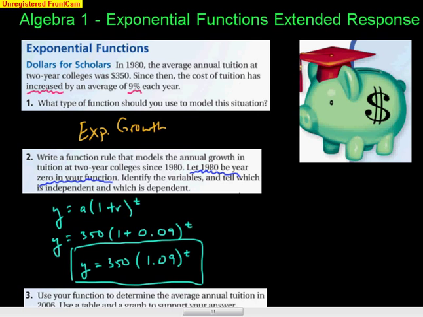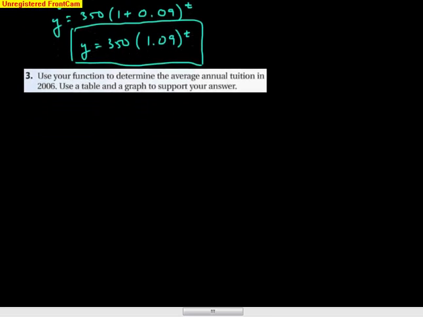Okay, so now that we have this function, what do we have to do with it? Well, it says use your function to determine the average annual tuition in 2006. Now, we don't need to use a table and a graph, because what is 2006? This is a year. This is your x value, your t value. So for 2006, we need to figure out what value of t we'll use.